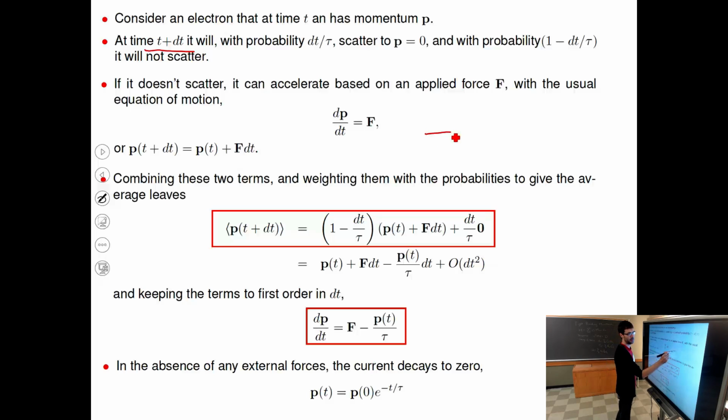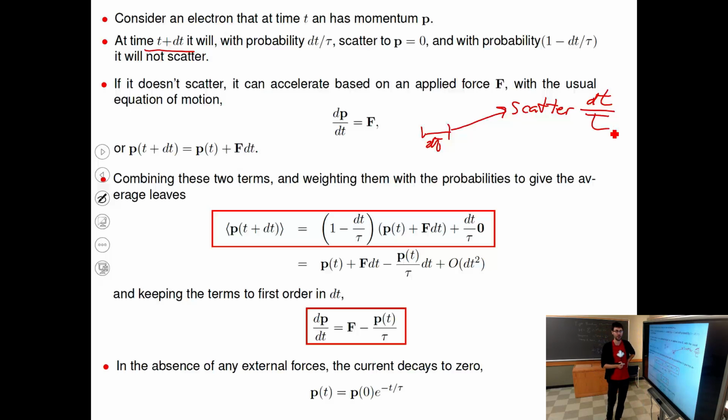In this time interval dt, there are two possibilities. Either the electron will scatter, and the probability of that is dt divided by tau, which is the scattering time.